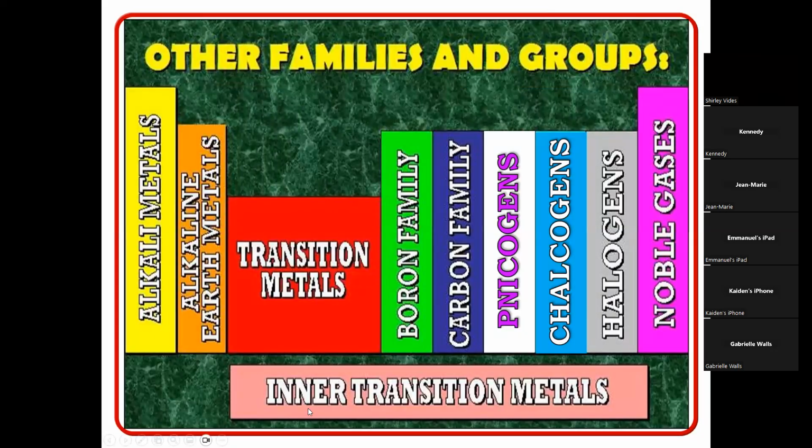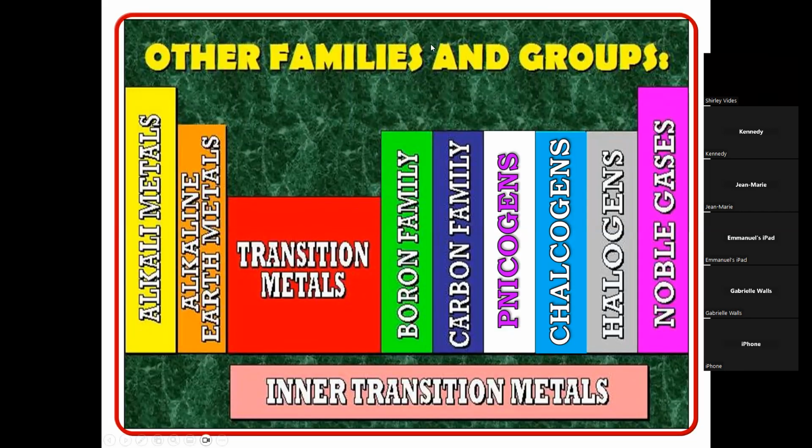There are 2 rows: the top row is known as the lanthanides, and the bottom one is known as the actinides. And that's it. That's all of them, all the ones you need to know and recognize.